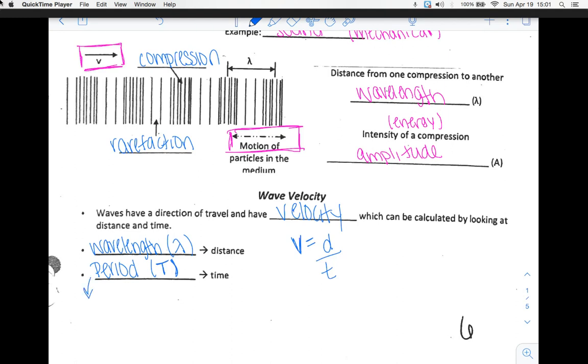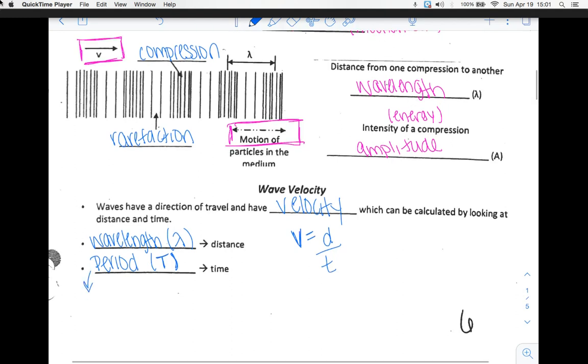Period, when we're talking about waves, is the number of seconds per one cycle or per one oscillation. So if you're able to travel around a track, running the track, say, in 7 minutes, then your period is 7 minutes.